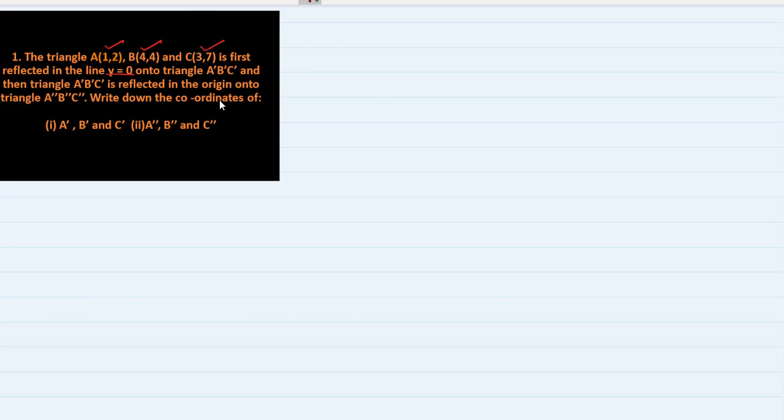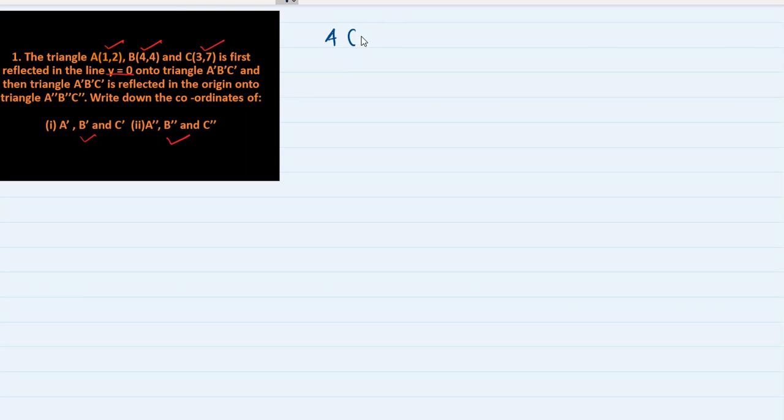What is y = 0? y = 0 is the x-axis, onto triangle A dash B dash C dash, and then triangle A dash B dash C dash is reflected in the origin onto A double dash B double dash C double dash. Write down the coordinates of A dash B dash C dash and A double dash B double dash C double dash. Very easy.